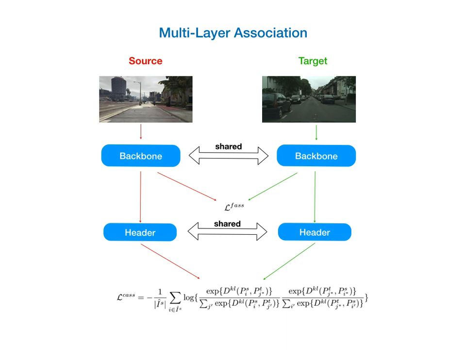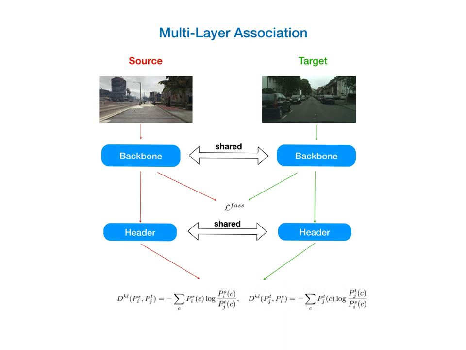So in addition to the effect of reducing overfitting to the source, the adaptation may benefit from mining multi-granular relationships. The multi-layer associations are complementary to each other, and both of them contribute to alleviating the domain shift.